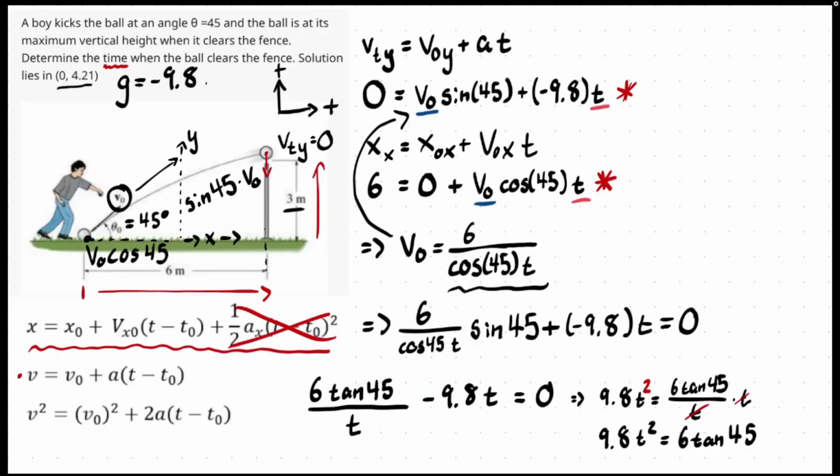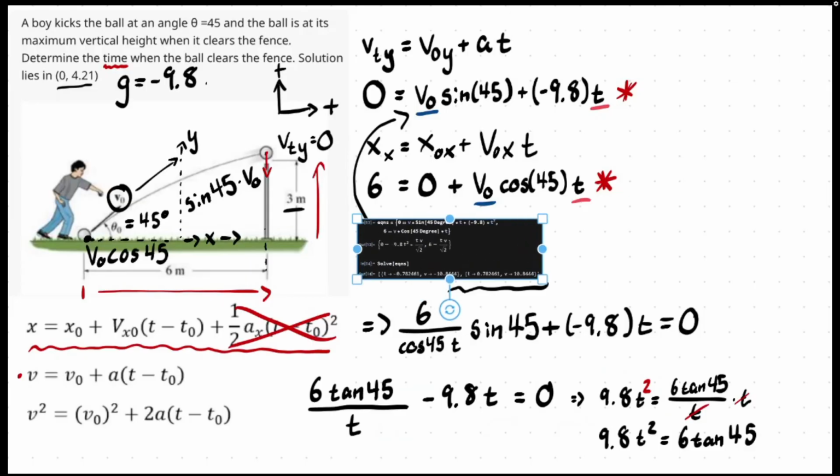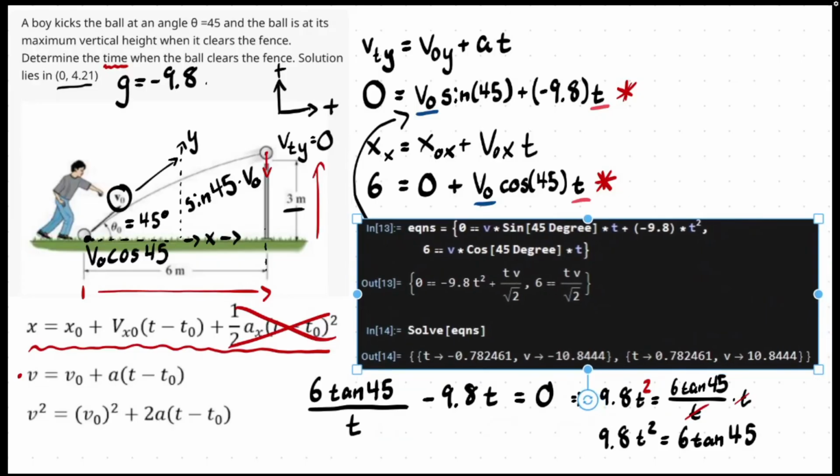From here, I can just divide by 9.8 and square root it. I'm kind of running out of room, so I'm just going to trust that you can do the rest on a calculator. I'm going to pull up the solved expression that I have for this. So I have this in Mathematica, which is the program.